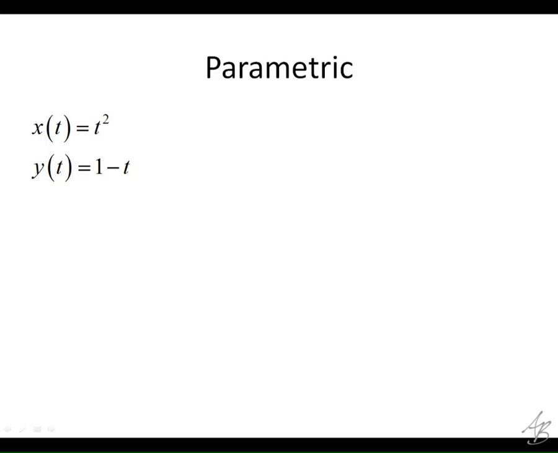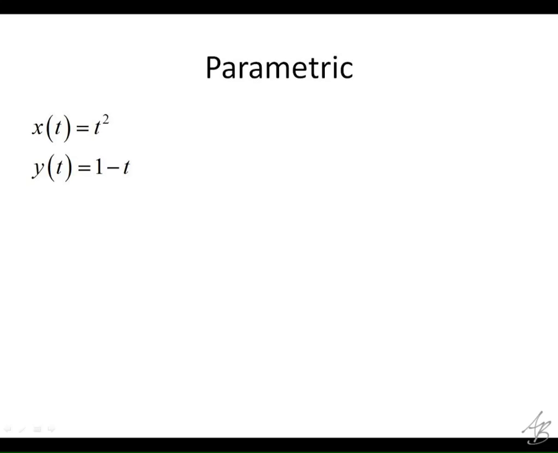So, for example, when t is 0, we put 0 in for t for x and we get 0. We put 0 in for t for y and we get 1. So when t is 0, we get the point (0, 1). And we could do that for any t value, any rational or irrational t value. So we could plug pi in there and get a value for x and y.